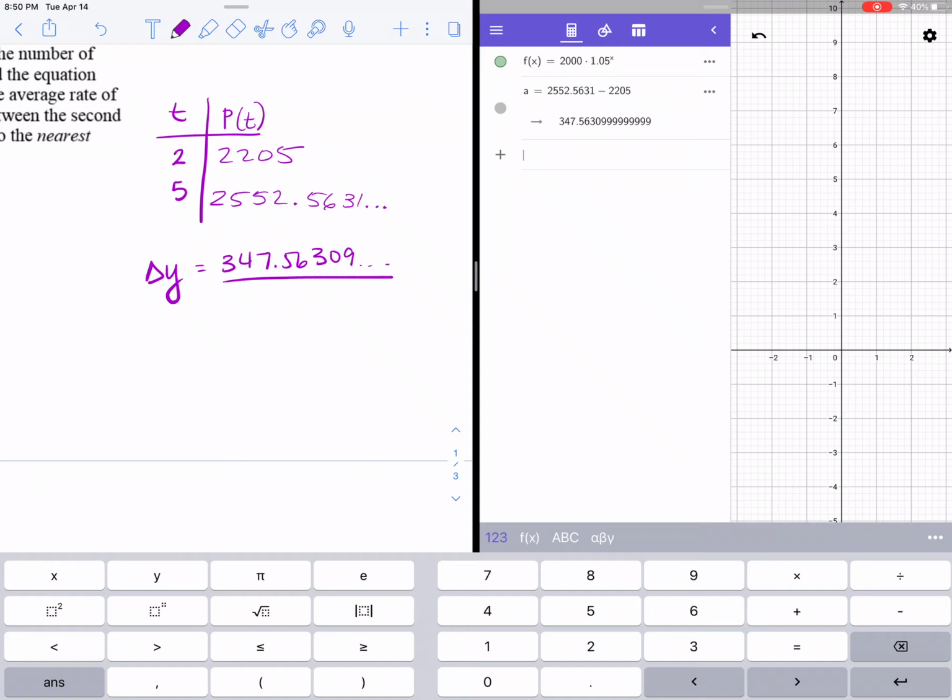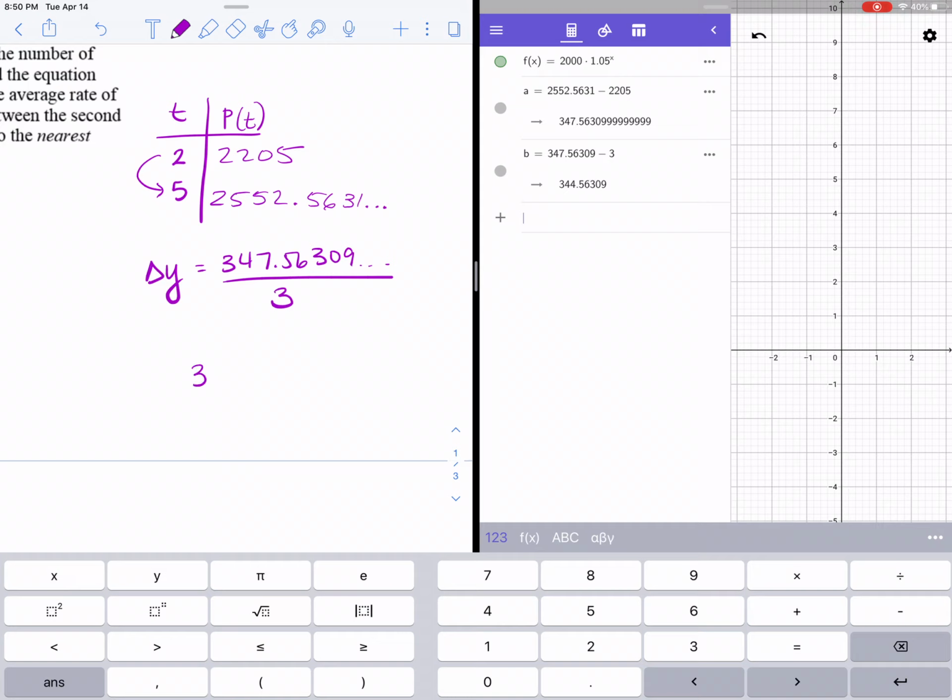Over my change in x, which is just the 5 minus 2, and that'll give me 3. And then if I divide those two numbers, 347.56309 minus 3 is 300. No, that doesn't make sense.